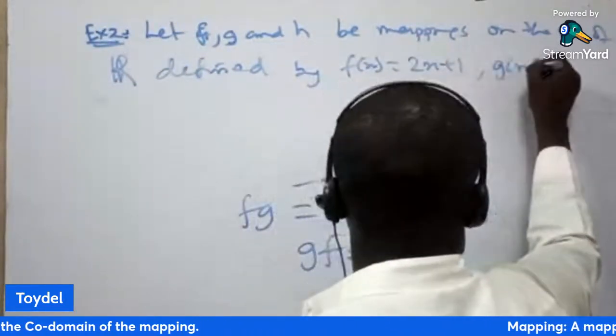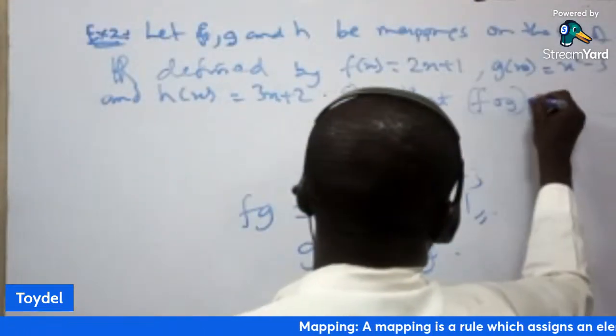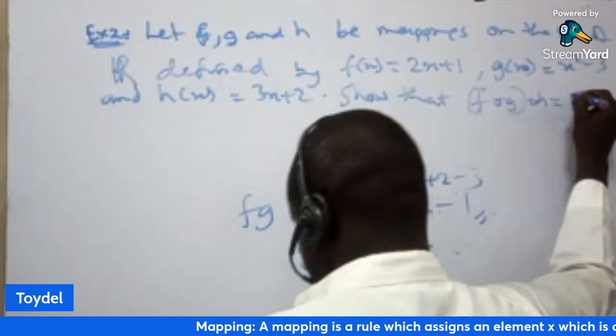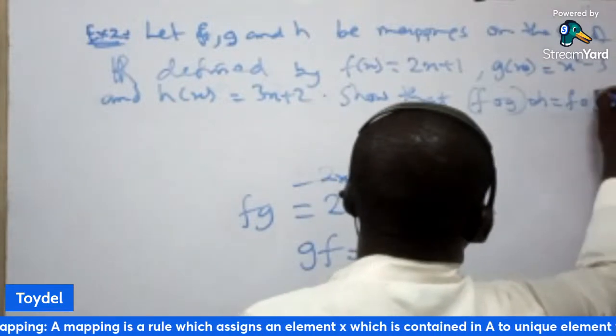The question now says show that f of g into bracket of h is equal to f of into bracket g of h.